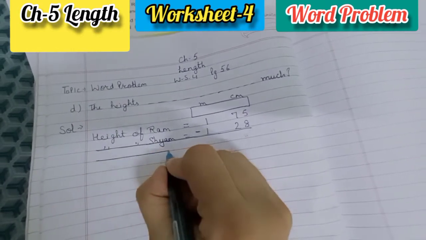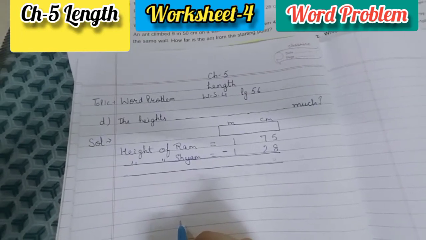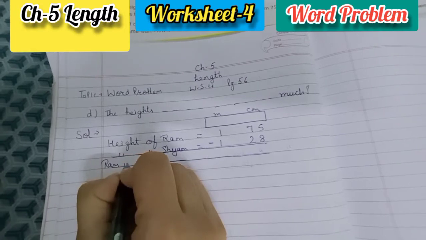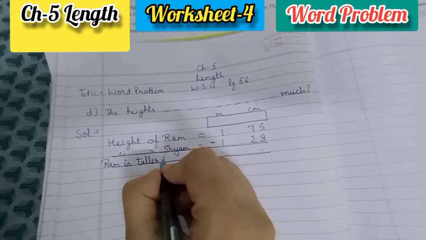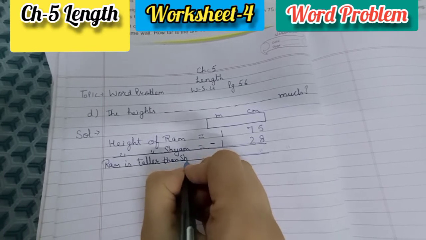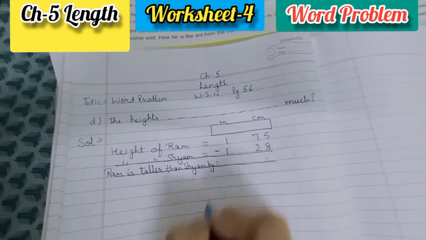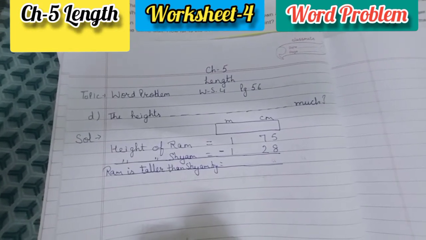Put the sign of subtraction, minus. Now we will write who is taller than Shyam. Who is taller? Ram is taller. So we will write Ram is taller than Shyam by, because we are finding how much he is taller.